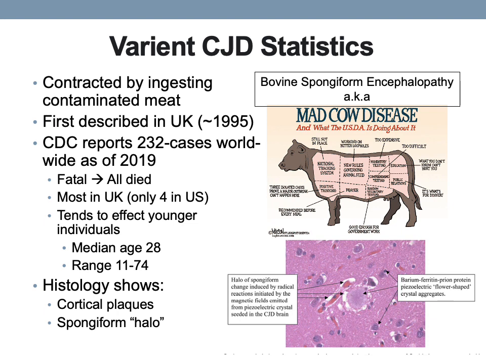So it's caused by consuming contaminated meat that was from contaminated beef cattle, where the cows were fed infected meat. Now, cows are not carnivores and should not be eating meat, particularly their own kind.